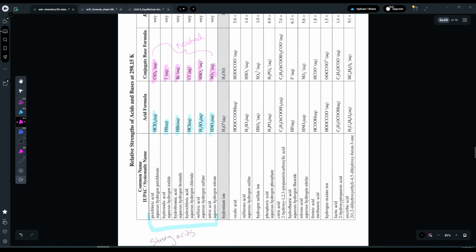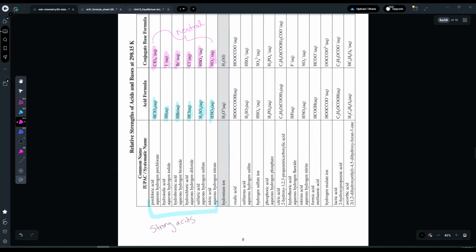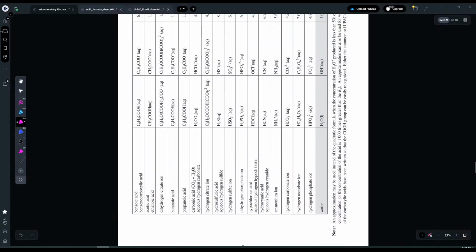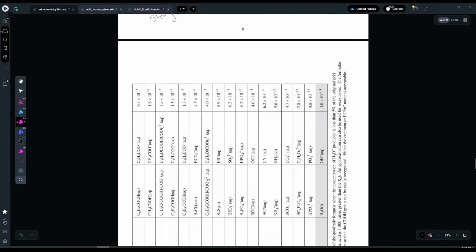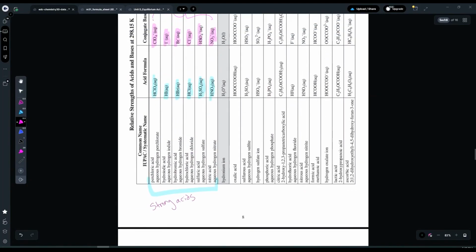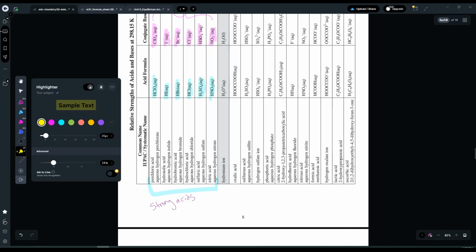Okay, now the next section, it's below the gray hydronium line. It's actually in between the gray hydronium line and the gray water line. So in between there, starting at oxalic acid, so actually that's pretty weak. It's hard to see.